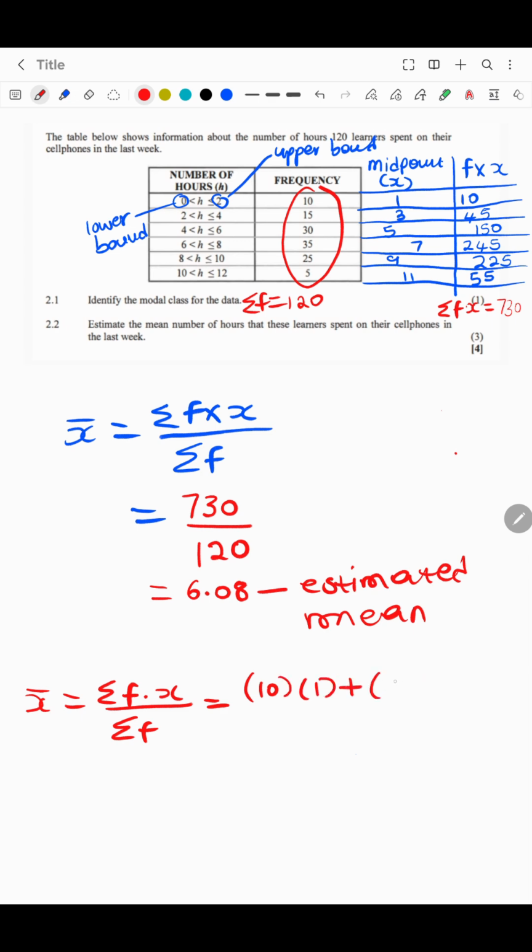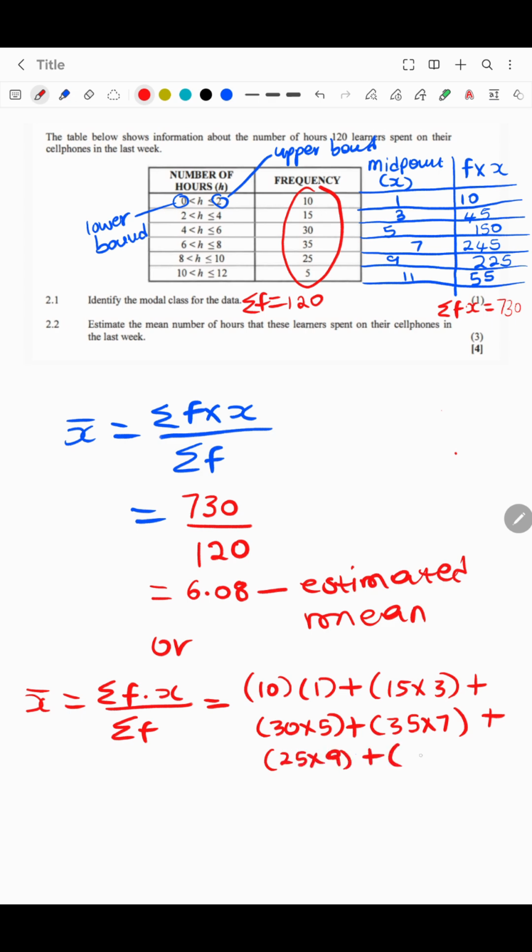Then you add 15 multiplied by 3 plus 30 multiplied by 5 plus 35 multiplied by 7 plus 25 multiplied by 9 plus 5 multiplied by 11 divided by 120. Still we are going to get the same thing. 730 over 120 is equal to 6.08.